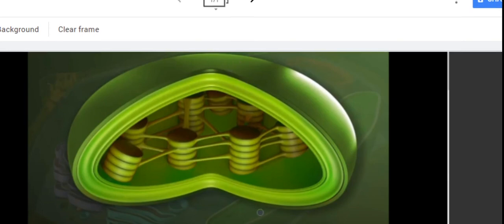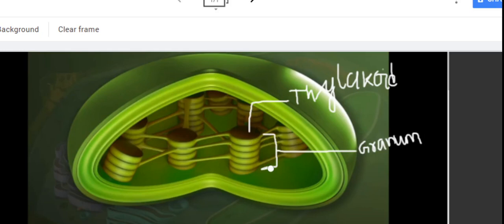This individual structure is called a thylakoid, which is known as the coin-like structure. And when they are stacked to form a stalk, this stalk is called a granum.